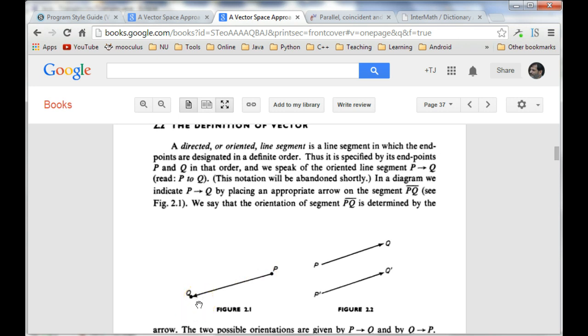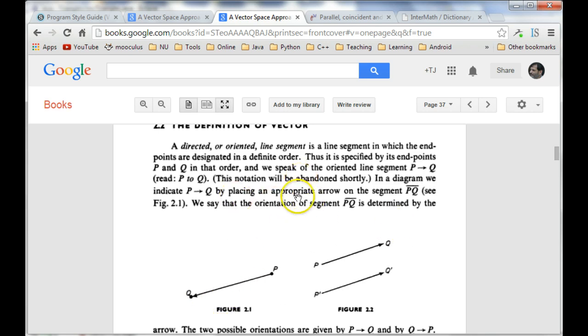If you've taken geometry classes, you might be familiar with the concept of rays, but this is not meant to be anything like a ray. A ray starts at a point, and the arrow indicates that it goes on forever and ever. This is a segment. It starts at P and it ends at Q. The arrow indicates the direction of the segment, that it goes from P to Q.